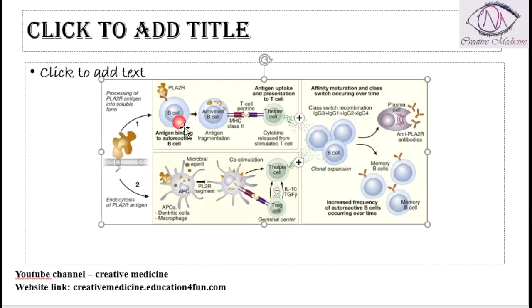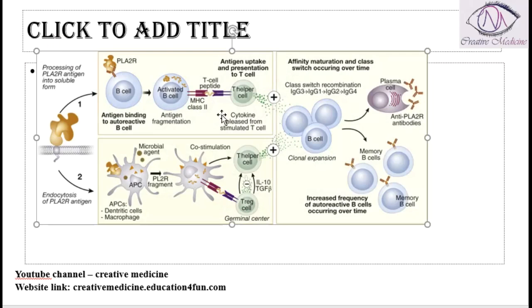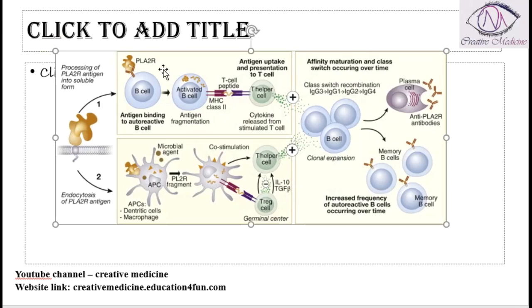So here this is the phospholipase A2 receptor. Whenever there is a mutation in the phospholipase A2 receptor, this activates the subsequent B cells. So the phospholipase A2 receptor antigen is presented on the antigen presenting cell or activated B cell, which activates the T helper cell, releasing the cytokines.